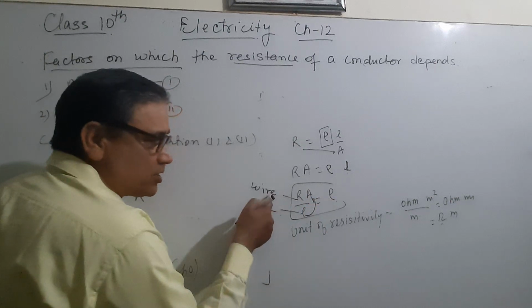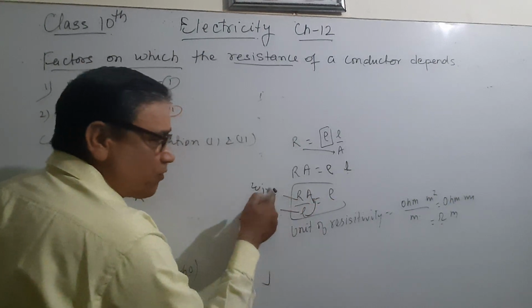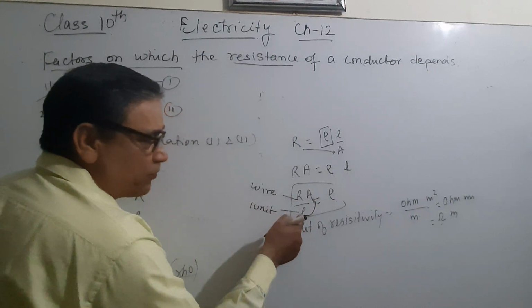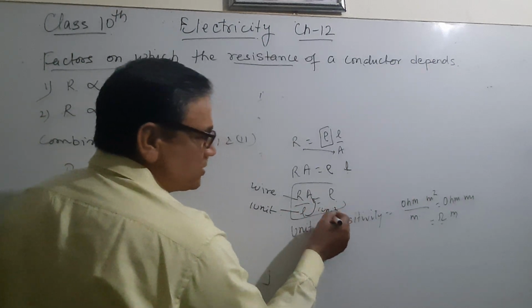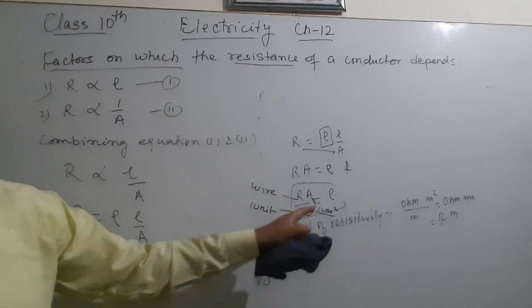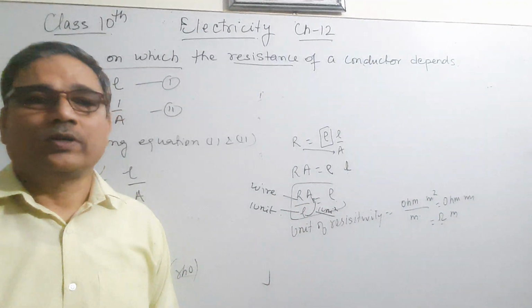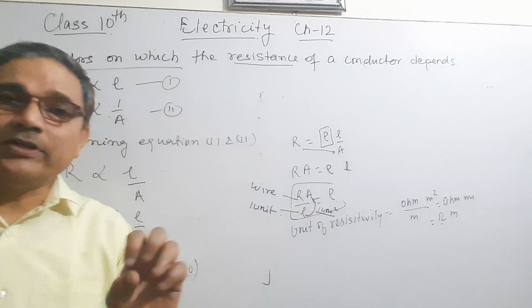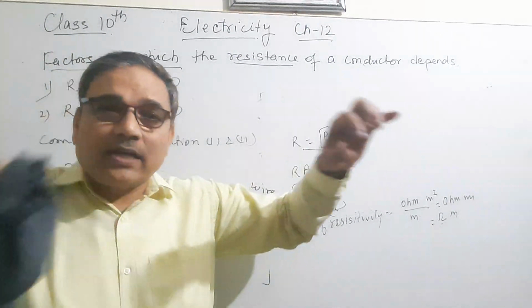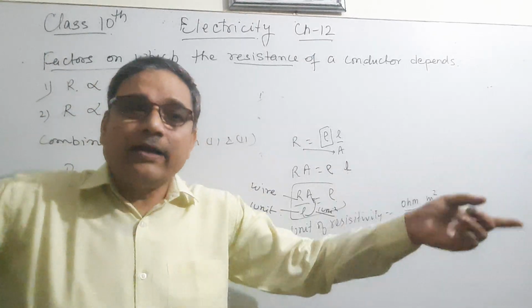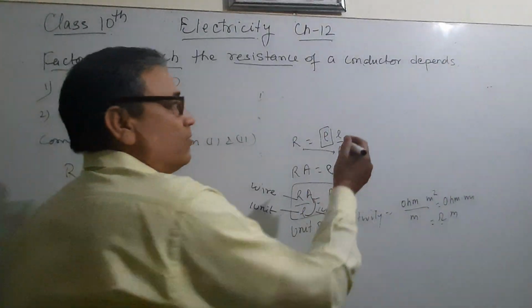Resistivity is the resistance offered by a wire of unit length and unit cross sectional area. Resistivity is the resistance offered by a wire which has a length of 1 unit and cross sectional area of 1 meter square.